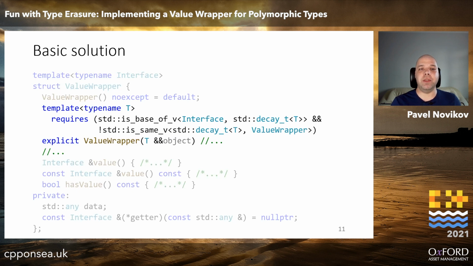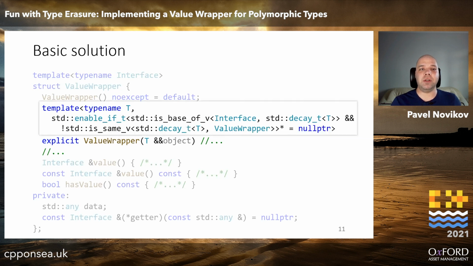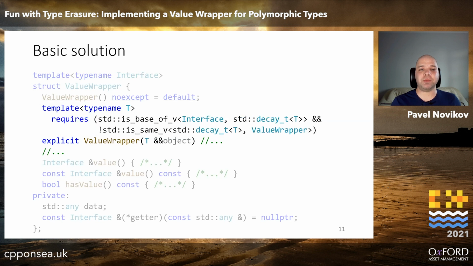That's why we see these two conditions in the requires clause. We can use enable_if pre-C++20, in practically the same form, but this is non-trivial and hard to write correctly. For the rest of the talk, we'll stick to C++20 requires. So here's our constructor that constructs the contained value from any value that we provide to it.